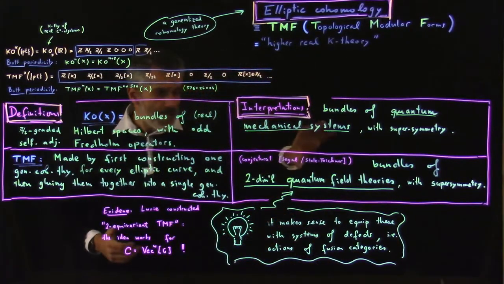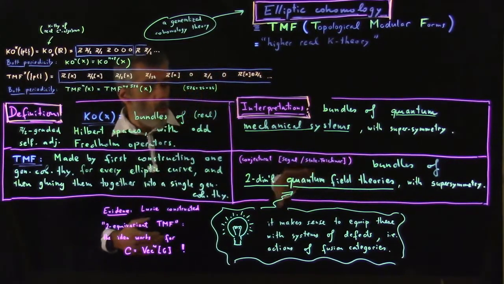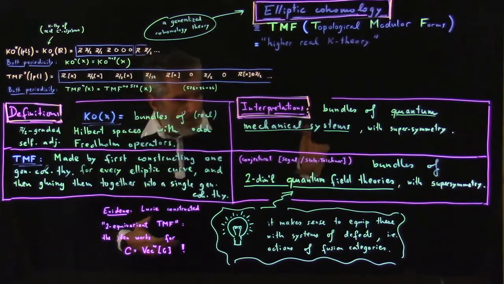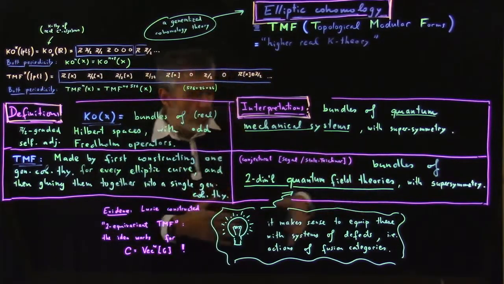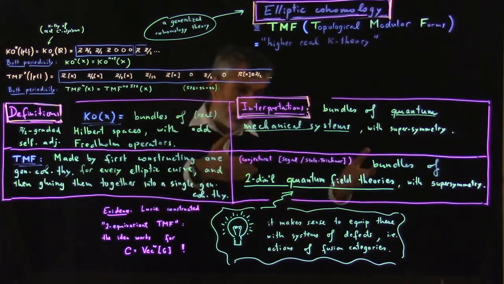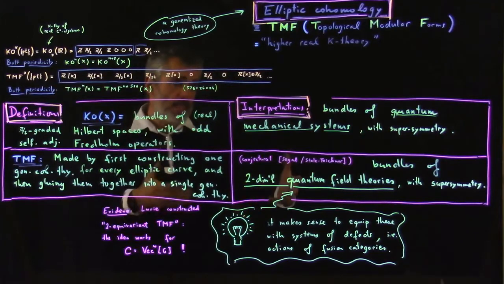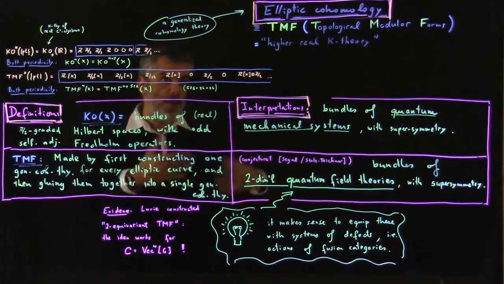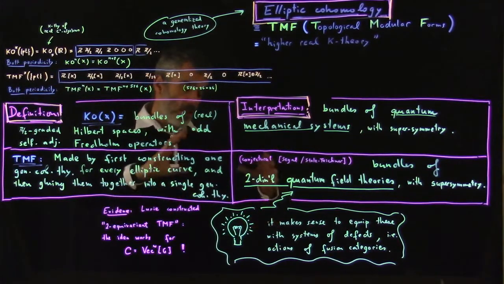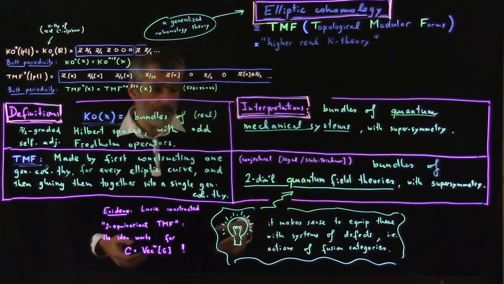And if that is indeed true, then one consequence is that it makes sense to also consider these together with systems of defects, i.e. actions of fusion categories. And this would therefore imply the existence of a version of equivariant TMF where the group of equivariants is now replaced by a fusion category.